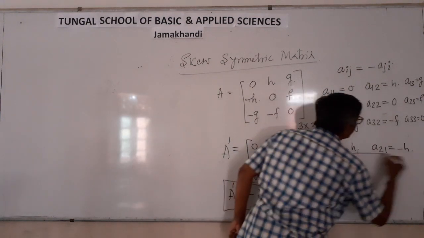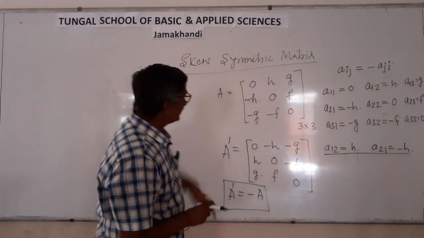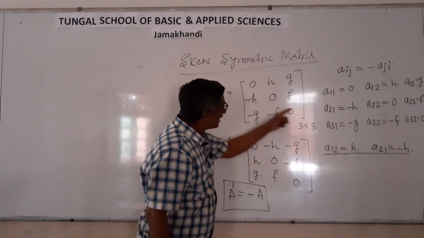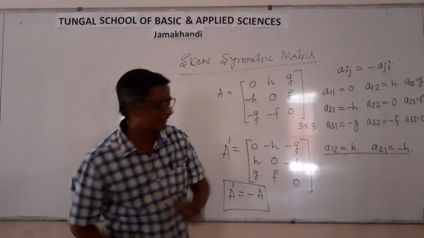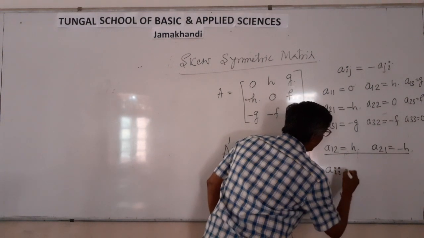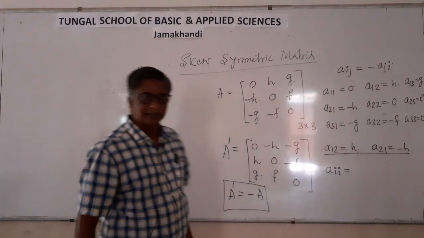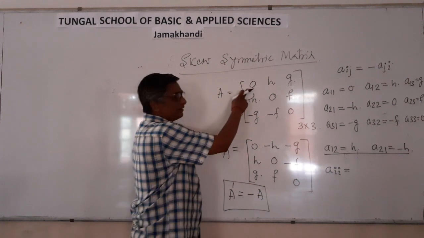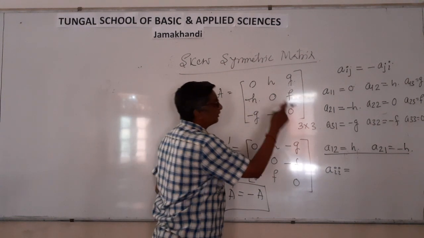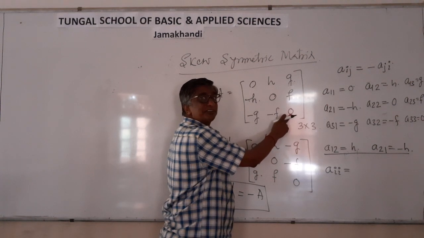If you know this, then you can easily understand why these are 0. Because Aii means A11, A22, A33.